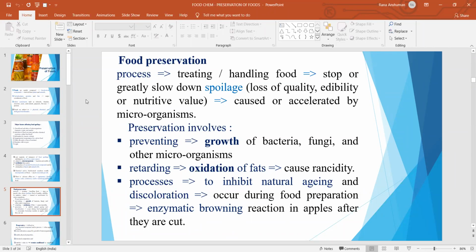Also includes retarding oxidation of fats, which ultimately causes rancidity and spoils the foods. Preservation also involves various processes to inhibit natural aging and discoloration which occur during food preparation. For example, enzymatic browning reaction in apples after they are cut.